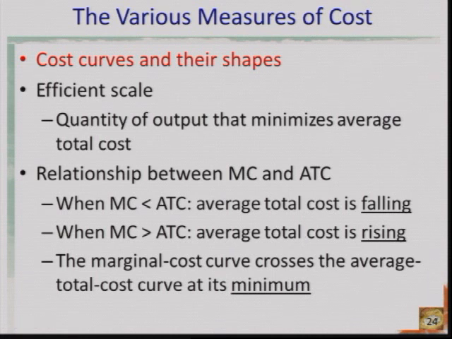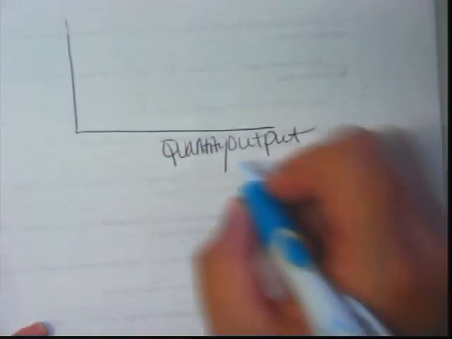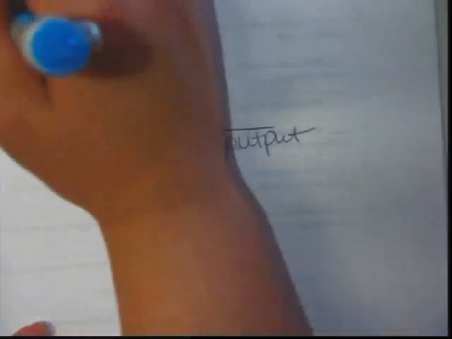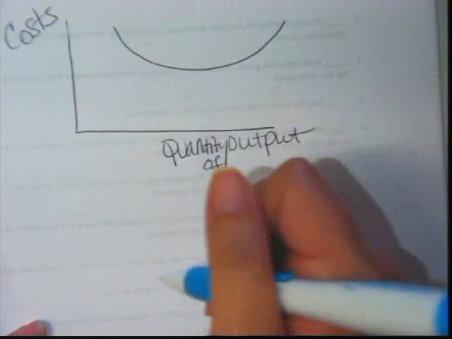Let me show you what he's talking about there. Here on the horizontal axis we've got quantity of output, and on the vertical axis we've got costs. Average total cost is going to look like that.